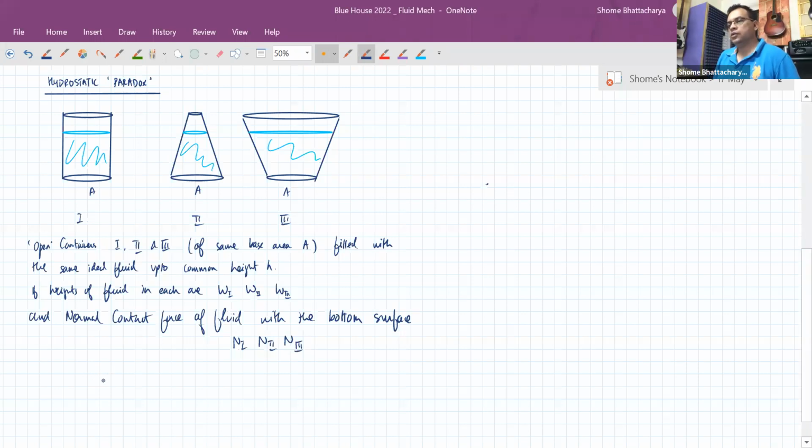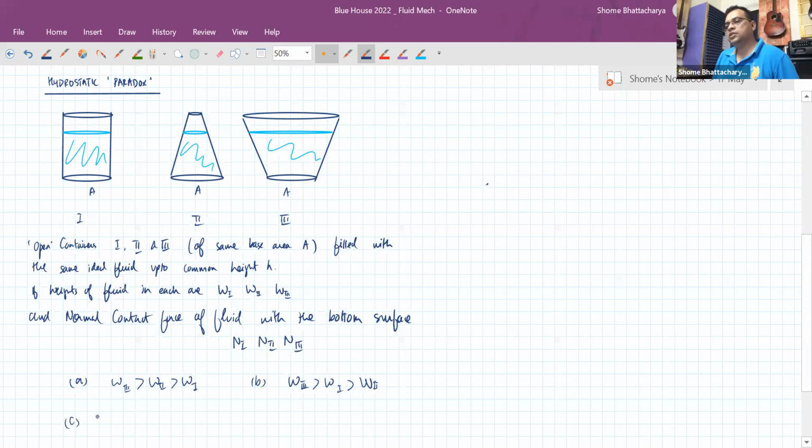Option A is W3 is greater than W2 is greater than W1. Option B is W3 is greater than W1 is greater than W2.